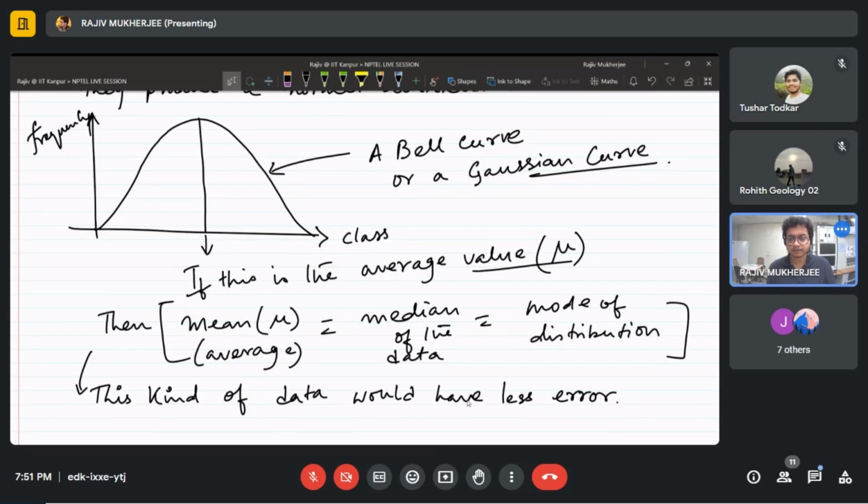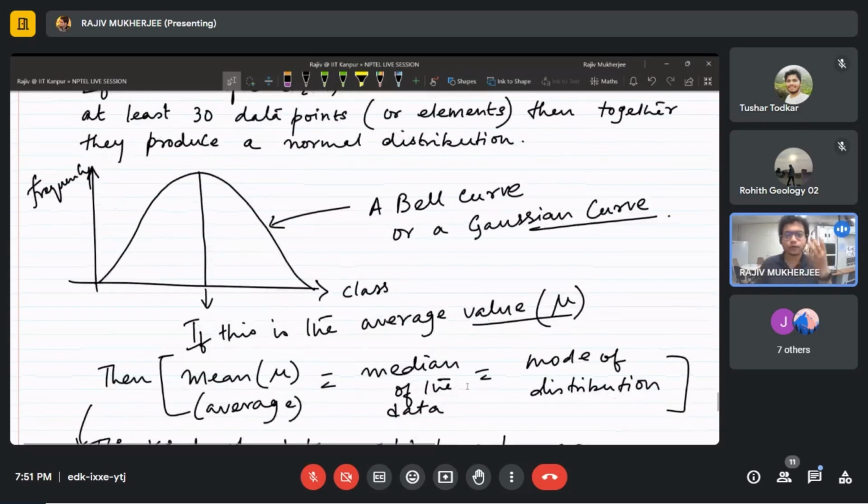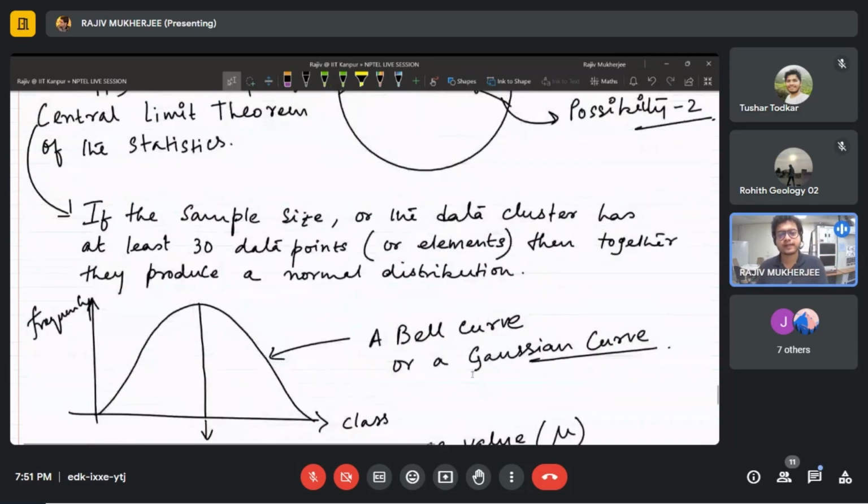So in order to follow the central limit theorem, if it is possible, then we should collect at least 30 data points, and we should then examine whether the error is decreasing or remaining the same at least.